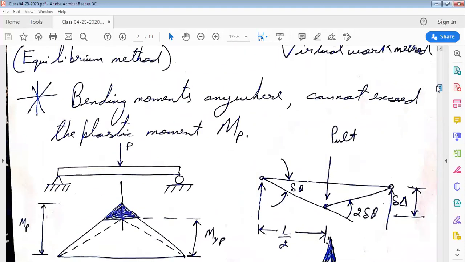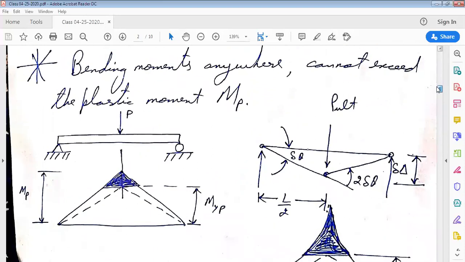The same problem we can also solve using the principle of virtual work. According to the principle of virtual work, external virtual work has to be equal to the internal virtual work. Now in this collapse mechanism, which is on our screen, the external virtual work would be equal to the external load multiplied by the deformation in the direction of the external load.